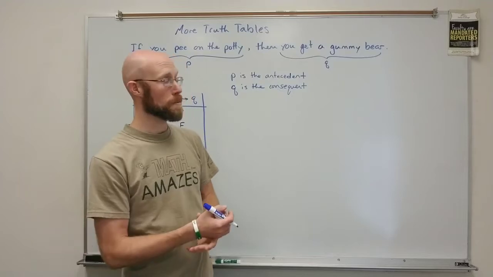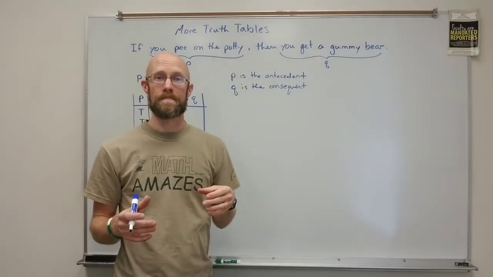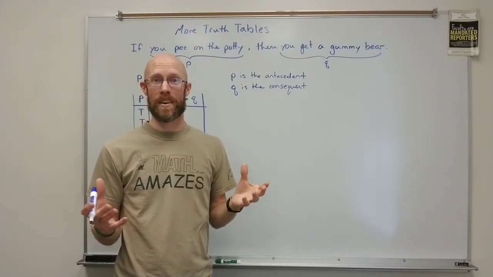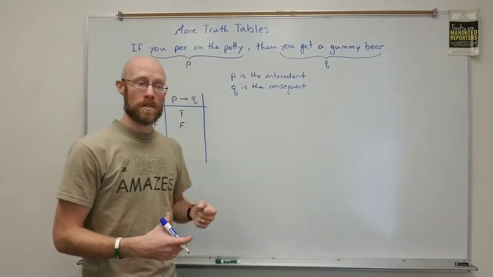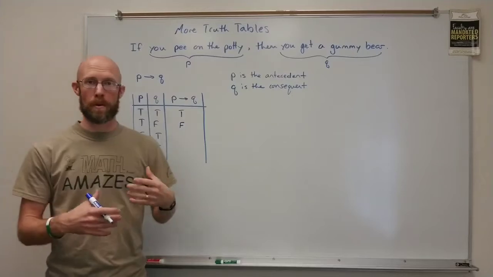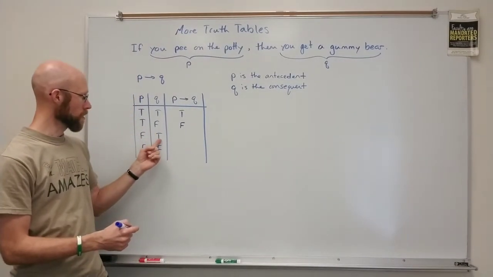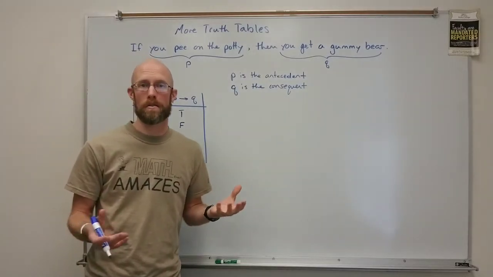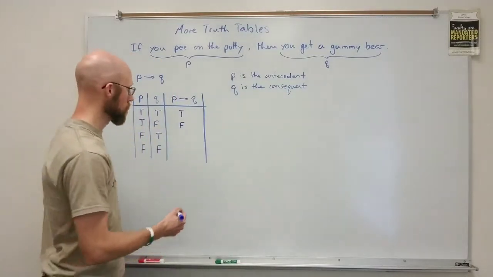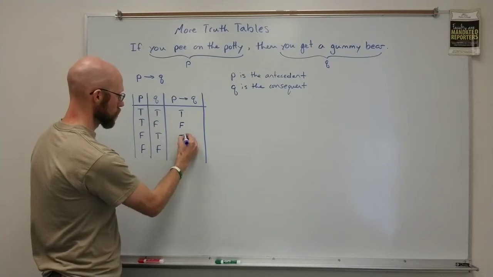Maybe I have other conditional statements in our household where she gets gummy bears for other things, right? I didn't break my word by giving her a gummy bear. If she didn't pee on the potty, I didn't do anything wrong there. There may be good reason why I did. So we would actually say that that's true, which is weird.